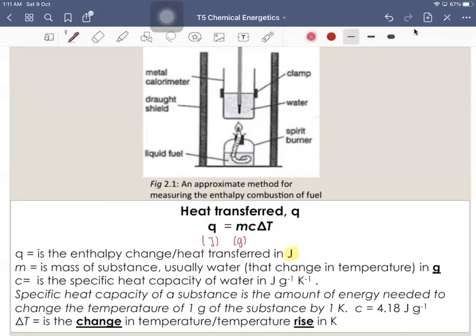The units of C is joules per gram per Kelvin. Okay, so that's missing.